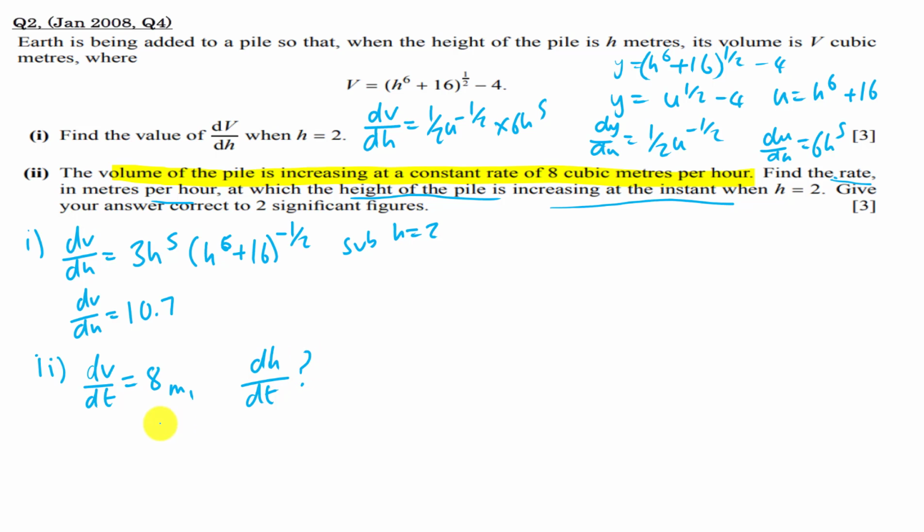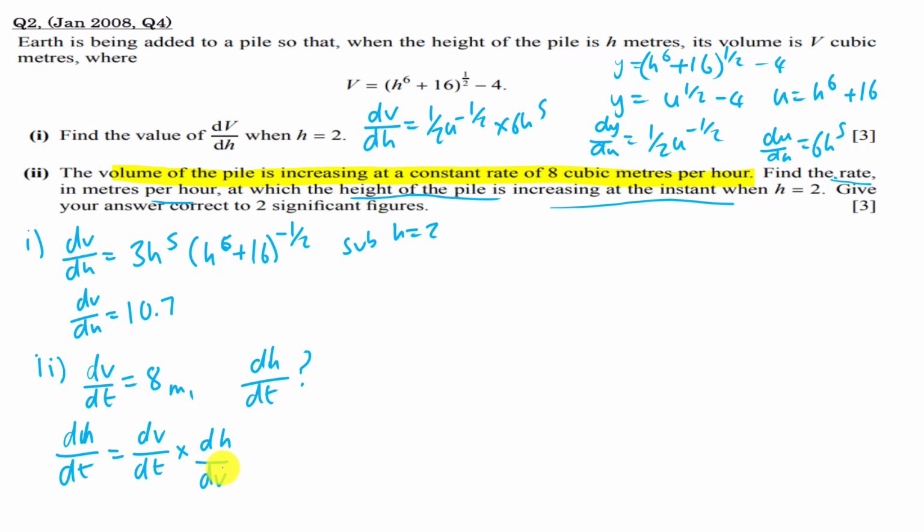So hopefully we know dh dt is going to equal dV dt times dh over dV.